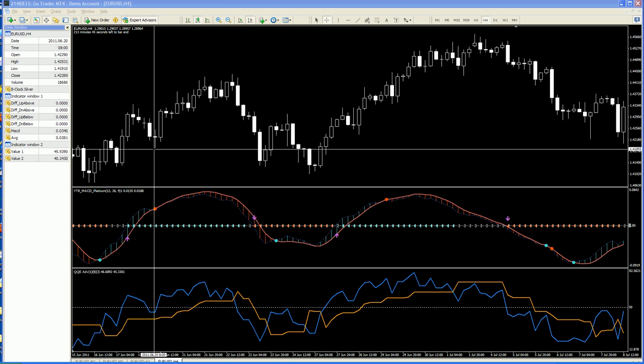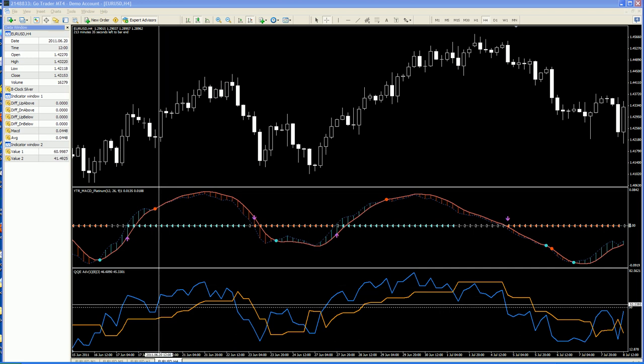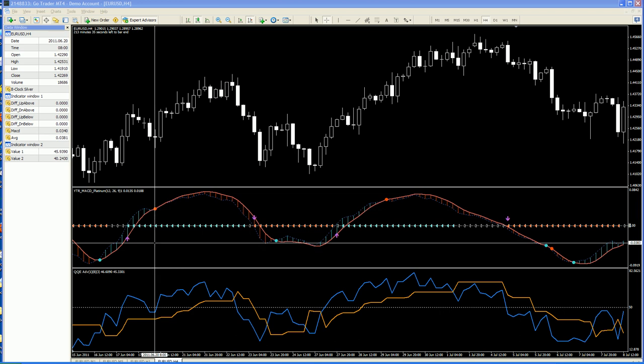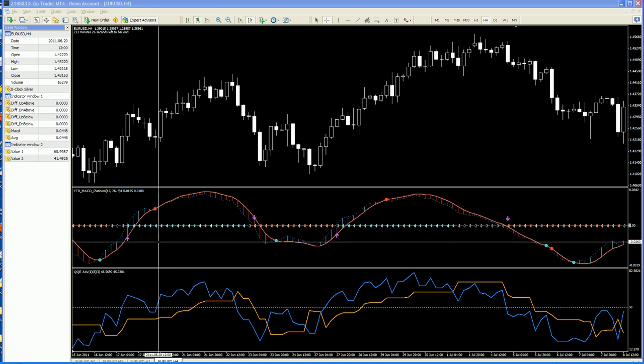Alright, so now after that red dot and we close half, the next candle actually gives us another break of the QQE to the upside. Now if we hadn't had that orange dot or red dot, that would be another entry, but because we've got that orange dot, I would say that no, it's not an entry.